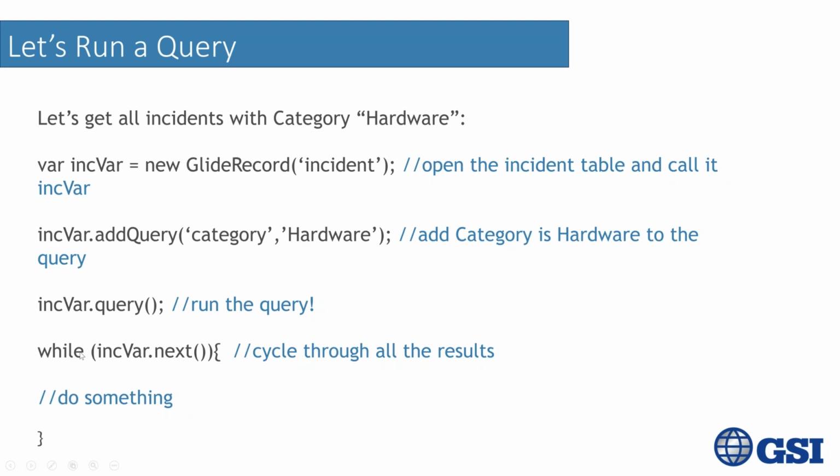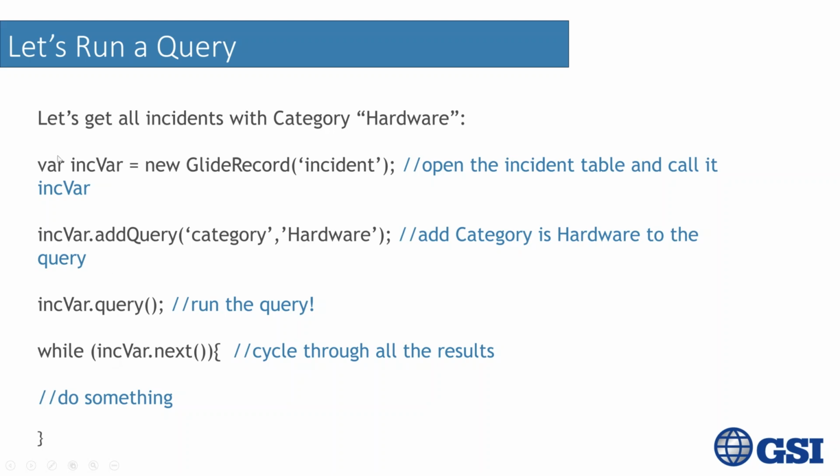So what while means basically is we're going to loop through all the different results one by one. And this says incvar.next means for as long as we have another record returned by the query. So while we've got a next record, go ahead and do something, right, with these brackets here. This is what we're going to do every time we have a new record.